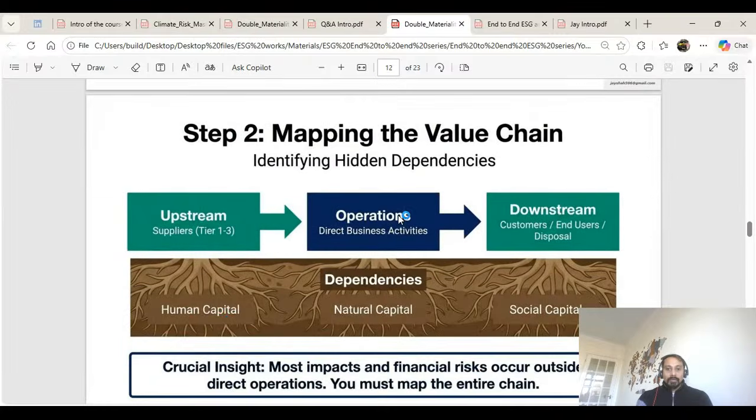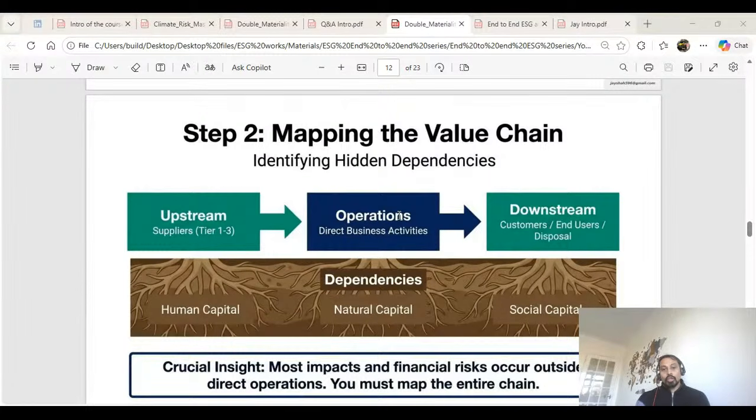Then step two is mapping the whole value chain. Here you have to understand your value chain mapping, which helps you understand what is going on. Most of the impacts don't happen inside your office.